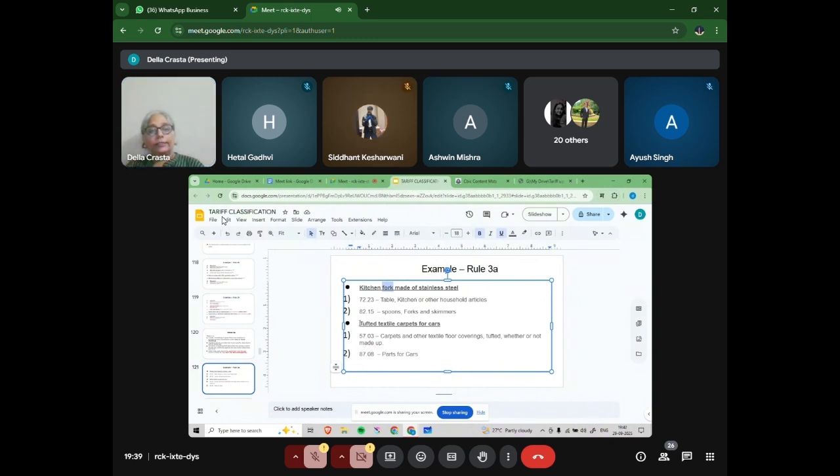Yes, ma'am. Similarly, tufted textile carpets for cars. So what is the item? It's a carpet. But where is it used? In cars. So obviously it must be cut out and shaped in such a way that it can fit at the car base, right?